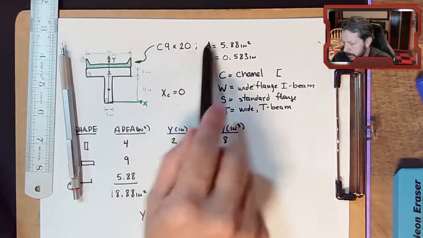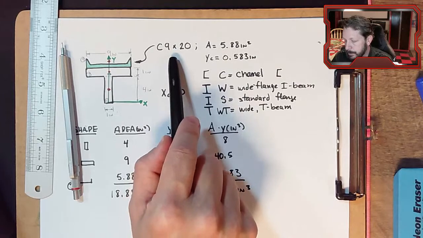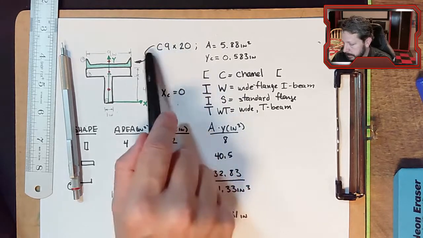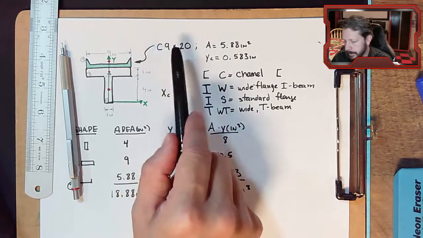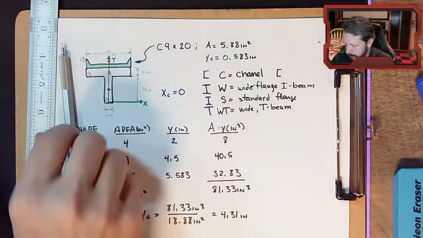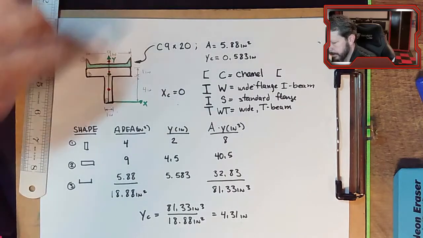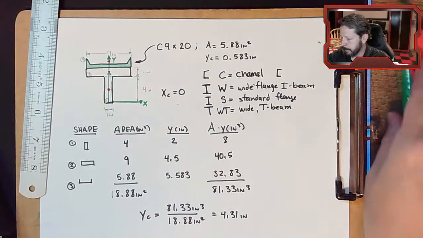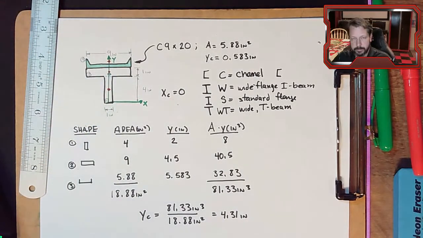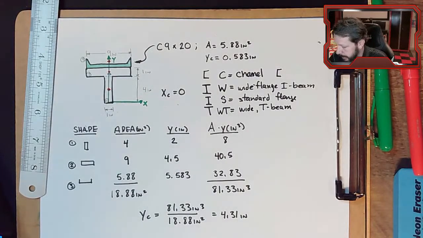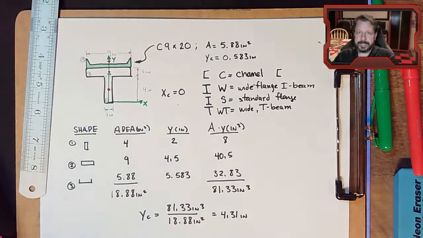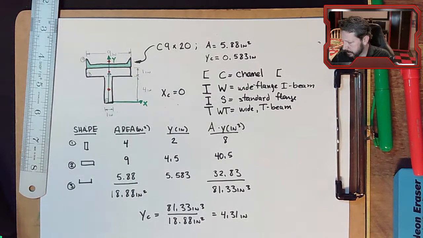Once we start dealing more with beams, which is coming up soon, we'll be more and more familiar with this name. So I wanted to introduce it now so that you had a glimpse of it, and how you might get some of the data from them, and we'll use some more of that later on. But I think that gets us through all the information we need for centroid calculations.